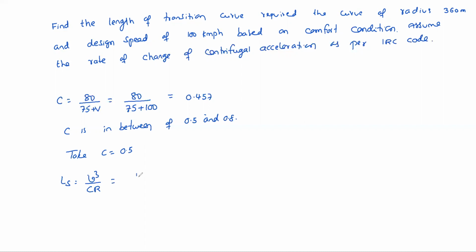V is 100 by 3.6 cube divided by C 0.5 into radius 360, which is equal to 100 by 3.6 cube by 0.5 into 360, which is 119.07 meters. Okay. Next.